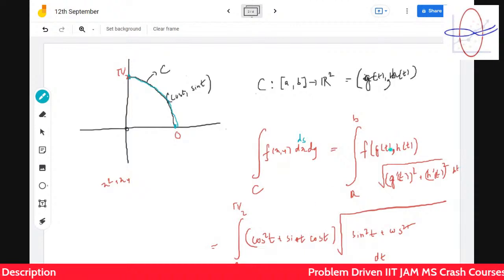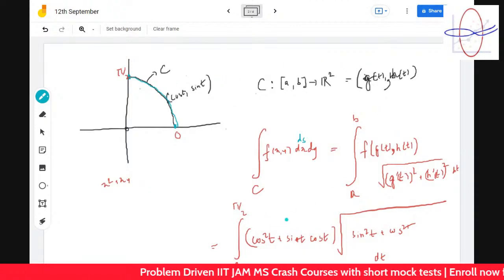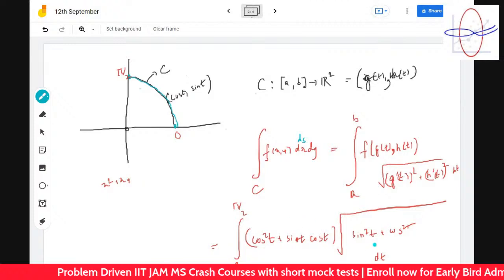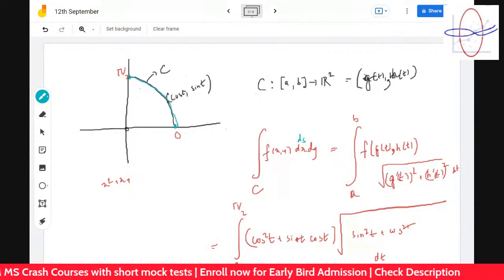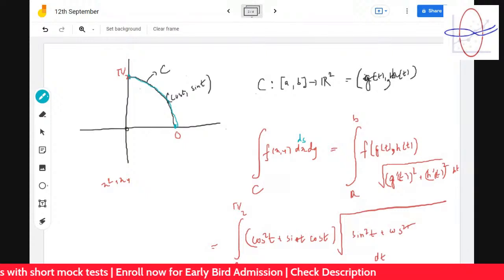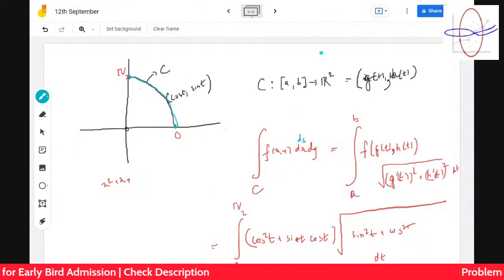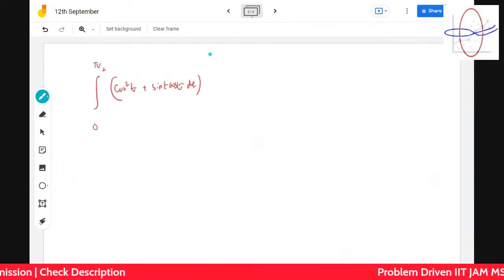And if you put gt equal to cos t, because it's cos t comma sin t, you get cos square t plus sin t cos t into root of cos t dash square plus sin t dash square, which is equal to 1, and therefore we get this corresponding result. And therefore we have to find this integration now.